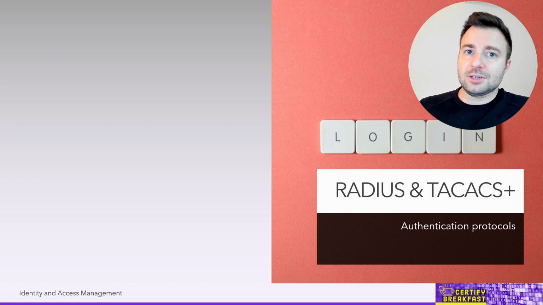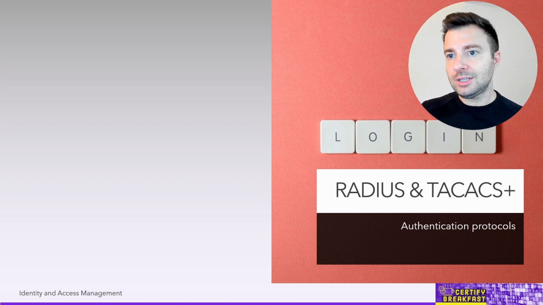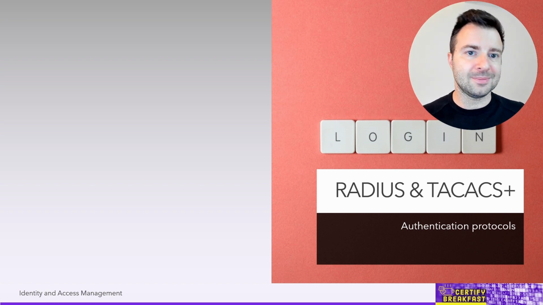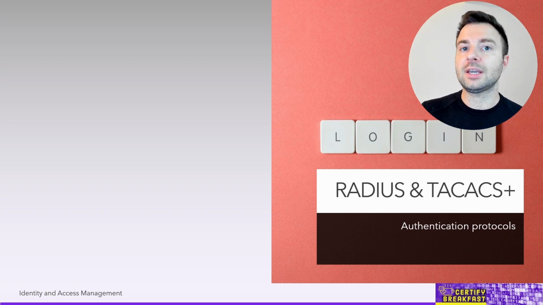So the AAA architecture allows us to implement authentication policies at the edge of the network where users actually get to connect, and also store that database in a centralized location that everybody can reach and check whether whoever tries to access the network has valid credentials or not. And that database is going to be stored in something called a AAA server or the authentication server.